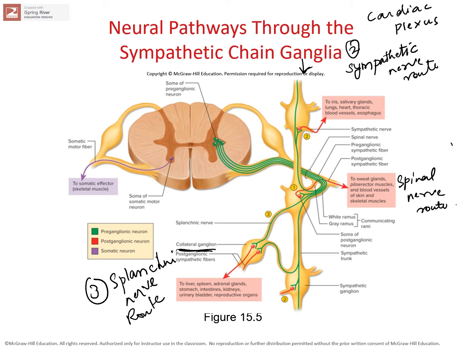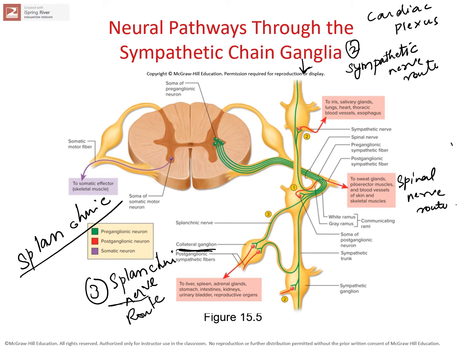Okay, so know the three roots of the sympathetic nervous system, and understand that the cardiac plexus is important for innervating the heart. The cardiac nerves also contain the parasympathetic nervous system. Okay, so keep that in mind, and also know the difference between the splanchnic nerves and the collateral ganglia.